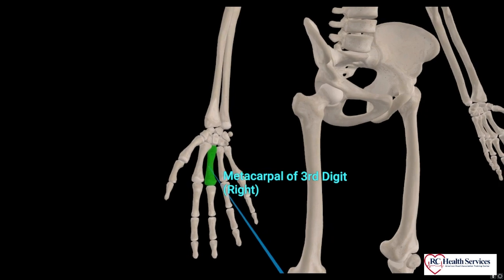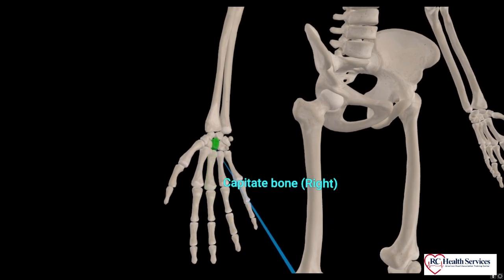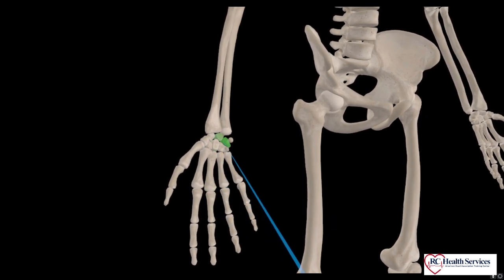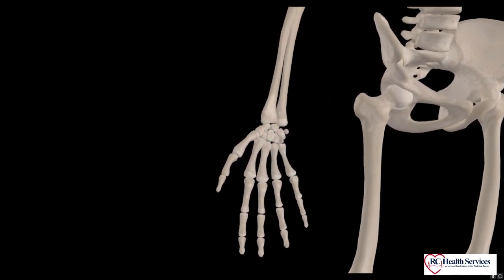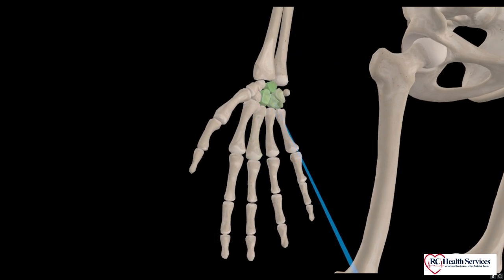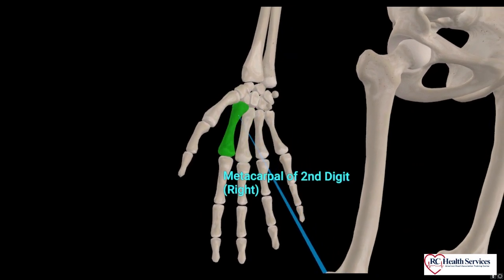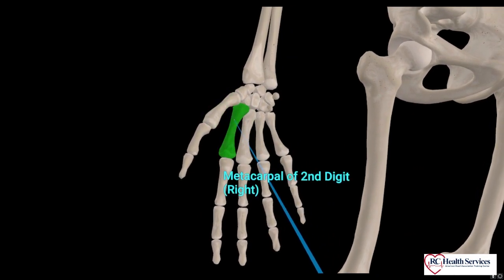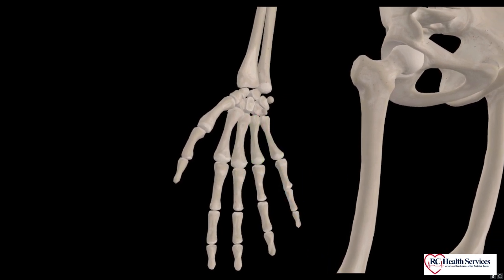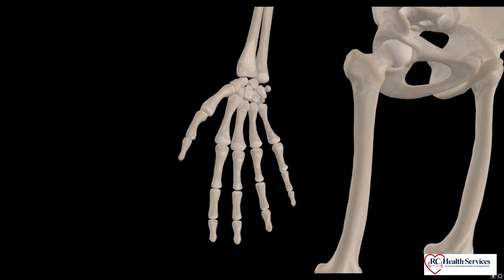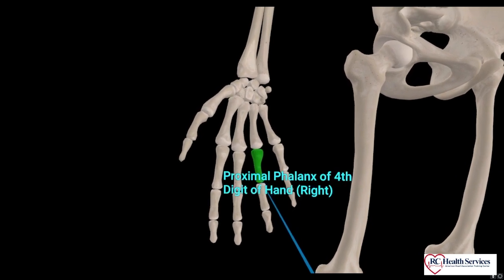I believe there are 8 bones in the carpal region, little tiny bones. Then attached are the metacarpals, which are going to be the longer portion of your hand. And then attached to the metacarpals are your phalanges, or your fingers, your digits.